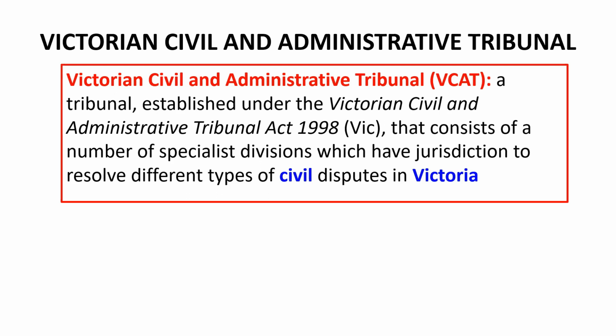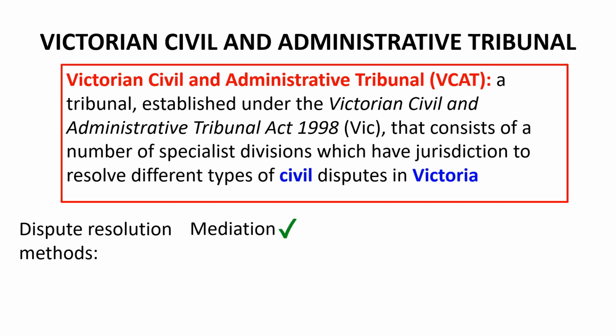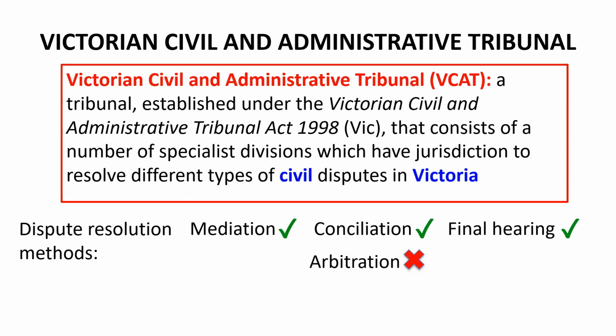And I also explained that the Victorian Civil and Administrative Tribunal uses 3 dispute resolution methods to resolve civil disputes, namely mediation, conciliation, and final hearing. Note that the one dispute resolution method that the Victorian Civil and Administrative Tribunal does not use is arbitration.